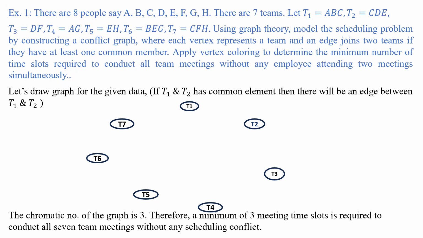First question: there are 8 people, say A, B, C, D, E, F, G, H. There are 7 teams.